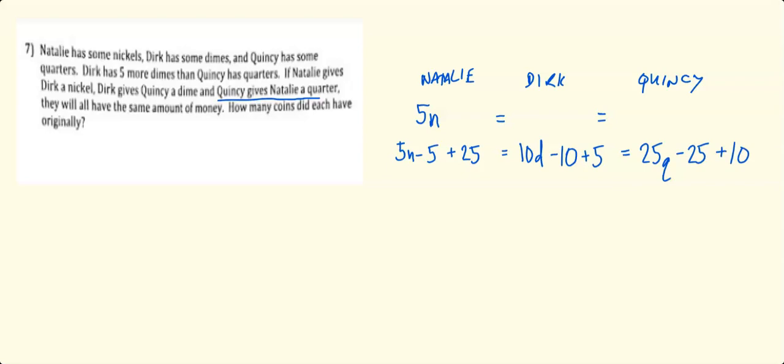Okay, so let's simplify that. 5n plus 20 equals 10d minus 5 equals 25q minus 15.